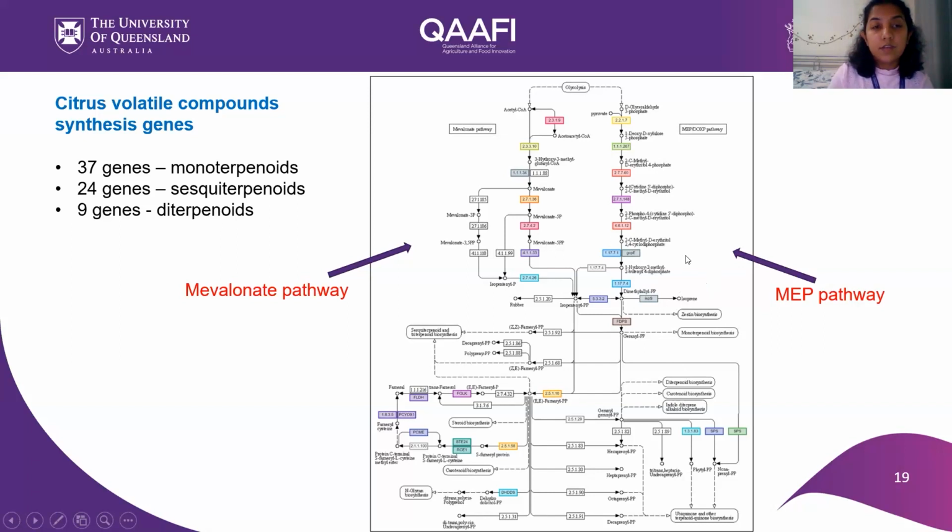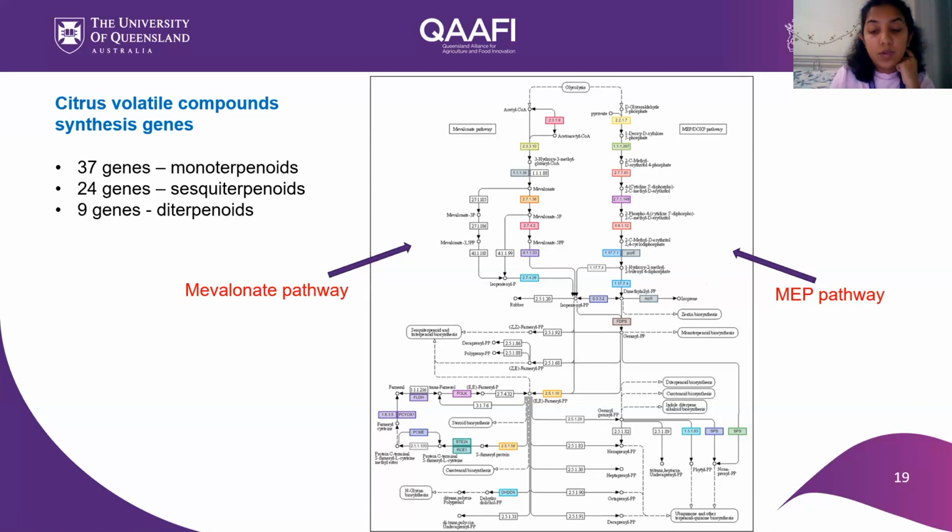We identified 37 genes encoding monoterpenoids, 24 genes responsible for the production of sesquiterpenoids, and 9 genes encoding diterpenoids. A high diversity of essential oil compounds in citrus can provide these plants resistance against pests and pathogens.